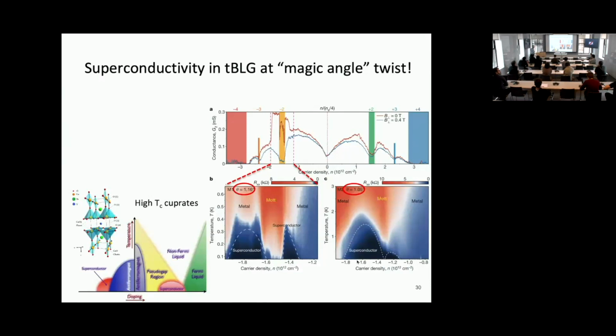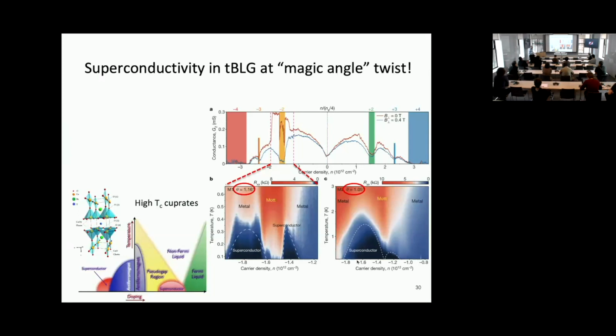This is the picture that described some of the physics in the system in Pablo's work. Basically, this vertical axis is the conductance, which can be thought of as representing the density of states in the system.